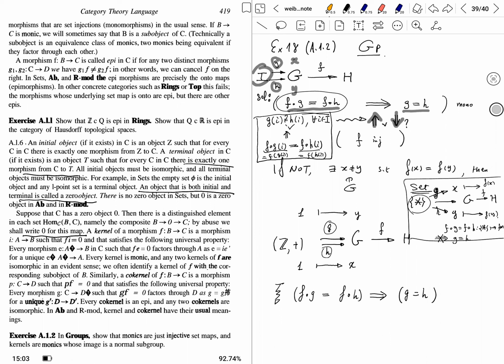So how we do this is we construct a free group, and for example we look at this group. Basically this is a free group generated by the set with element 1, and then we just use this free group.